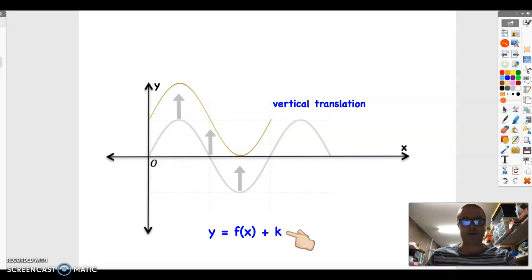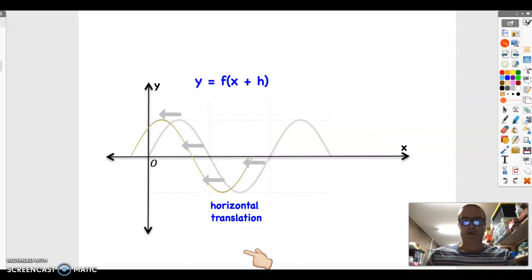Some sort of constant added onto the graph shifts the graph up a certain number of units, so we can have a vertical translation. We will have horizontal translations, just like we have with any other function. If we replace x with x plus something or x minus something, we see a translation to the left or right.